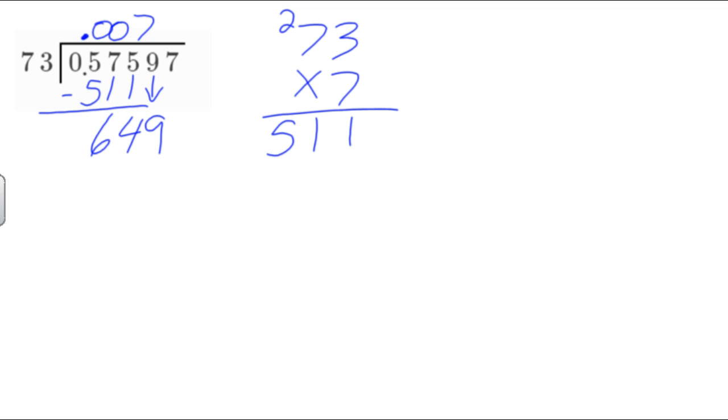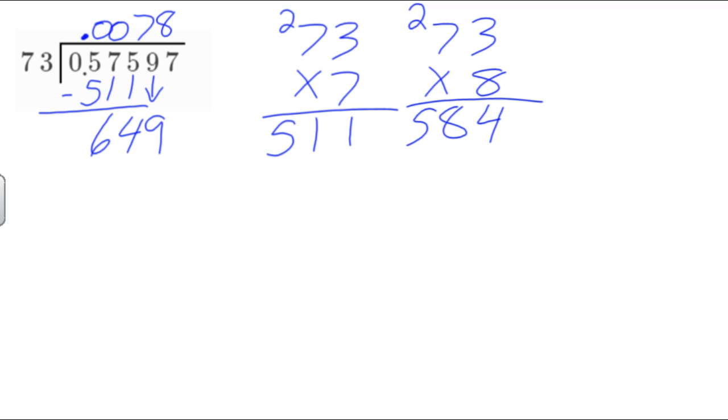Bring down 9. 649, that's going to be a bigger number. Let's try 8. So we have 73 times 8, 24. Carry the 2, 56, 58. Some of you might have just added 73 here. So I get 584.